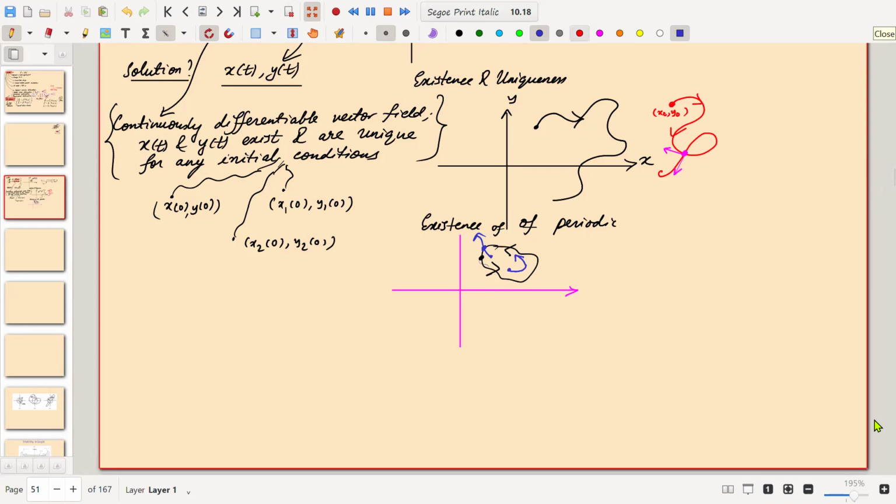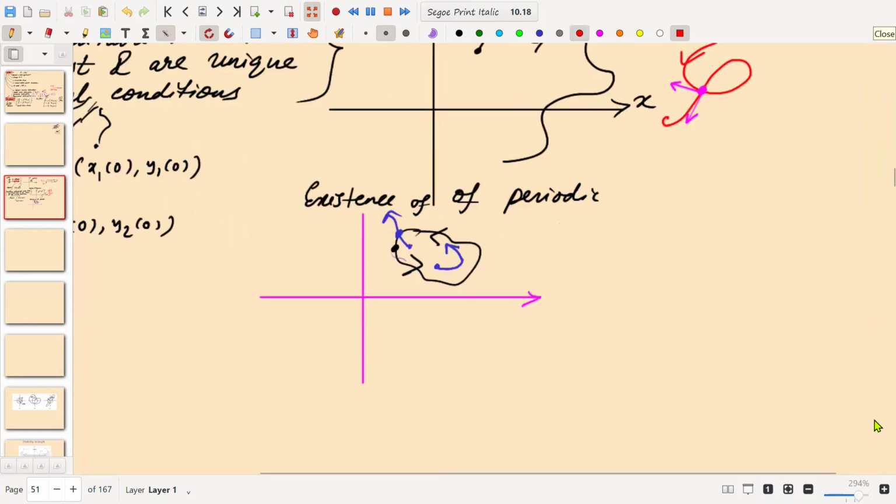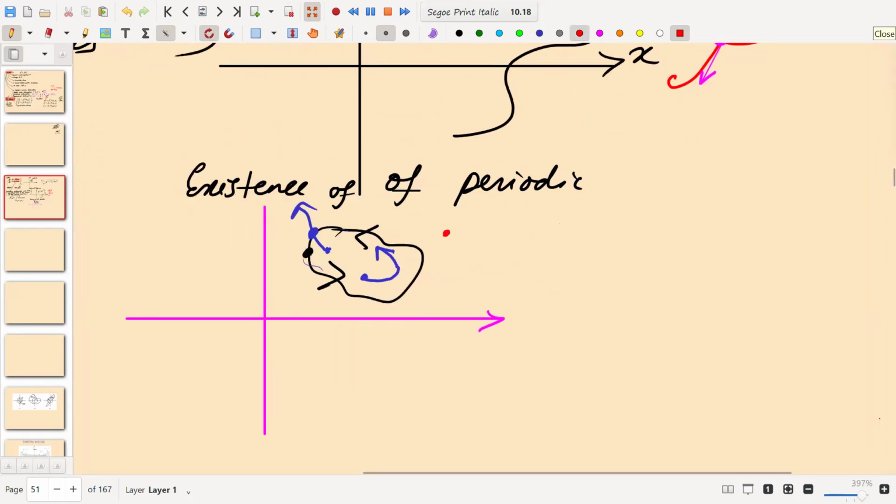Similarly, can any point which is outside come inside? If you started outside and it started going like this, can it go inside? No, it cannot happen. Why? Because at this point, it will again have two directions.